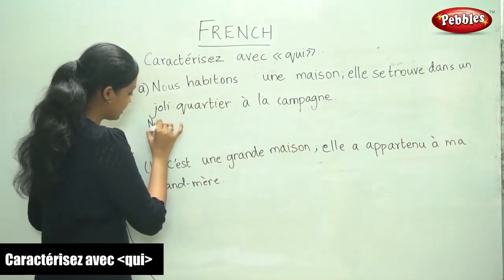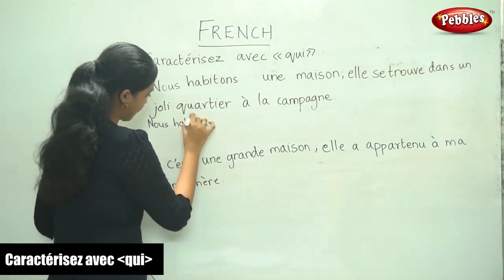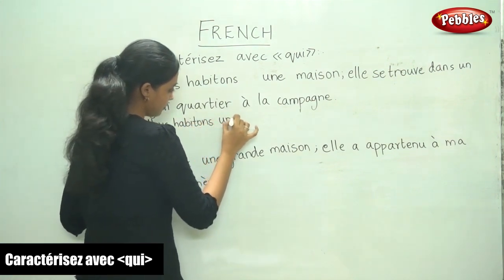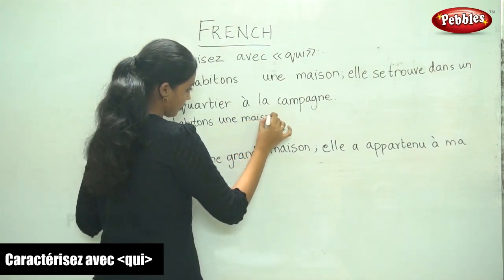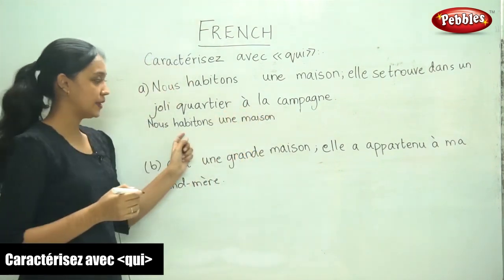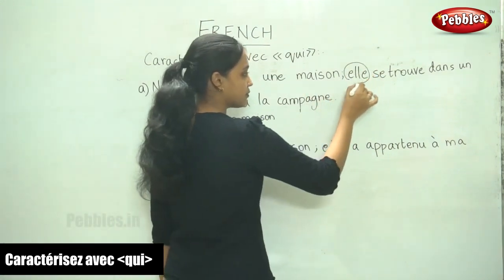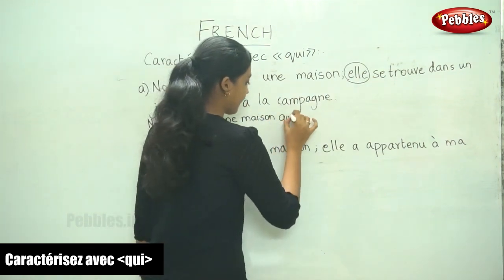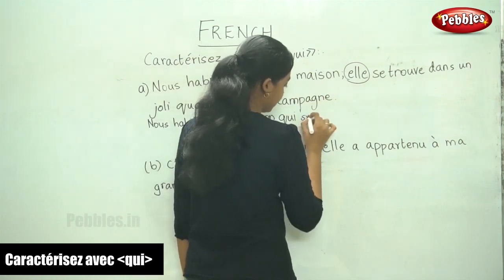So that remains as it is. Nous habitons une maison. Instead of the subject elle, we write qui, and we complete the sentence.